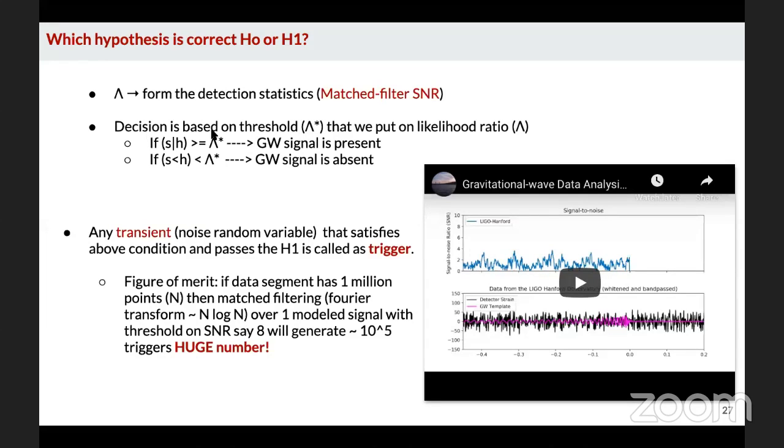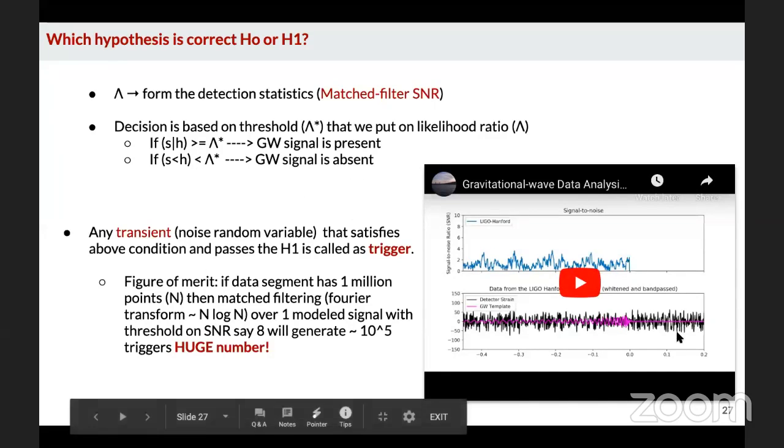That decision is based on what threshold we keep on this likelihood ratio lambda. Let's say the threshold is some value 8. If my computation is greater than or equal to the threshold, we say that the signal is present. But if it is less than the threshold, we say the signal is absent.